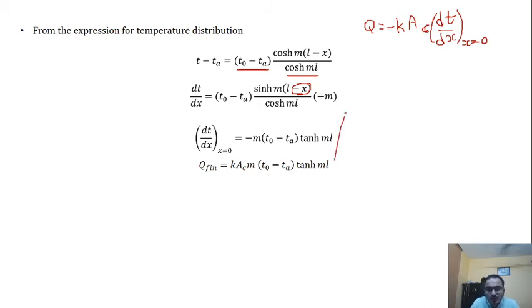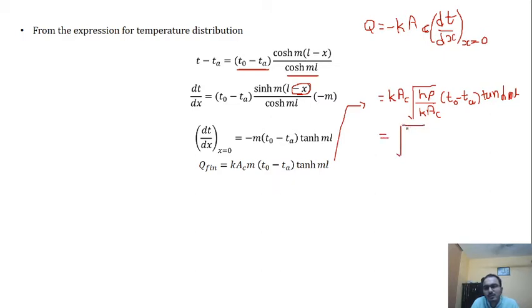So let us continue from here: it is equal to kAc, instead of m we can put square root of hP over kAc, into (T0 minus Ta) into tanh mL.